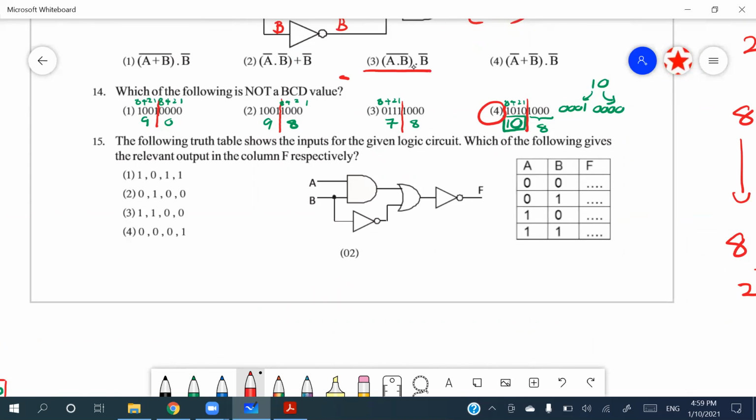So I'll show you the way of having it from the truth table.